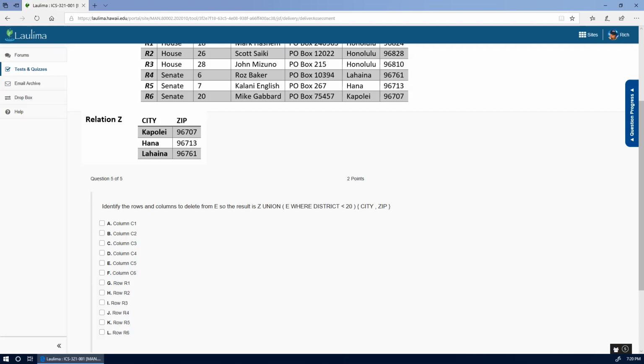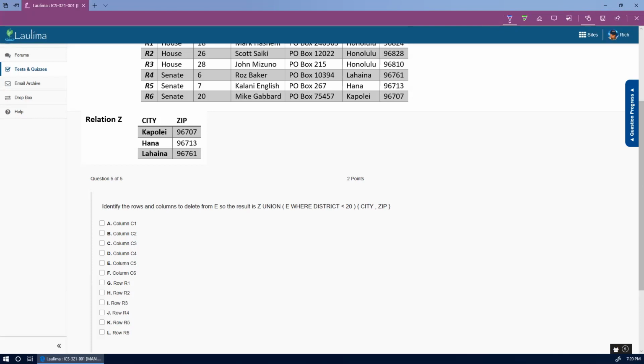So the way this works is we're going to figure out what this thing here is, and we're going to union it with this. So it's going to have at least this, but we're deleting out of Z. So we're only going to have city zip.